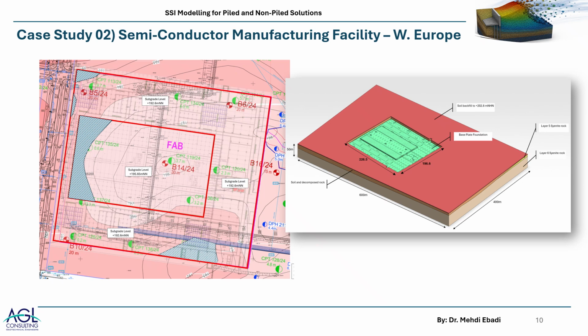One of them was the fabrication building, or they called it fab, and the other one was a central utility building, which was called COB or COP building.